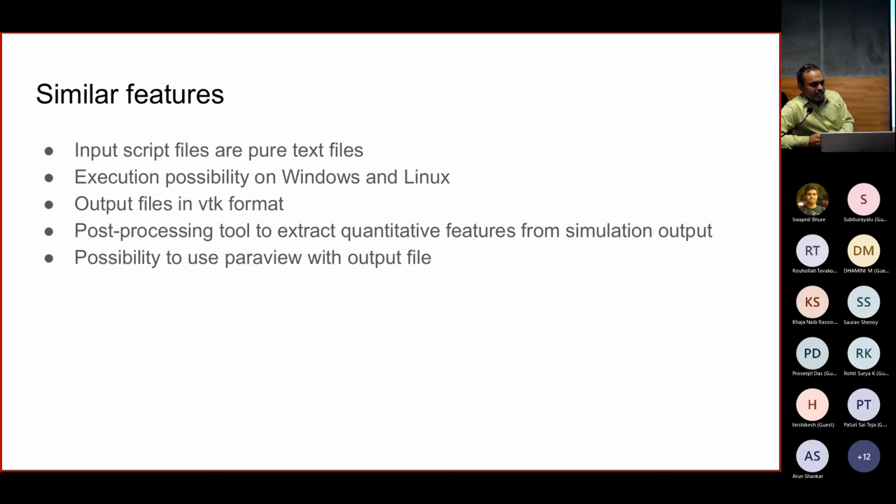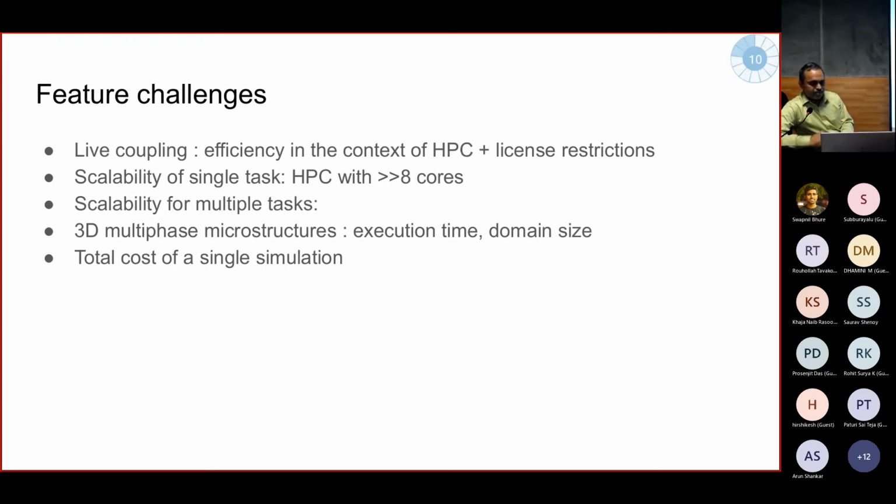And needless to say, we can always use ParaView to do the visualization and any metrics. If you have a VTK file, it doesn't matter whether it is from Micress or MicroSim, you can use ParaView to do whatever you want on top of it. So there are a lot of similarities, and therefore one should believe that these have very similar capabilities.